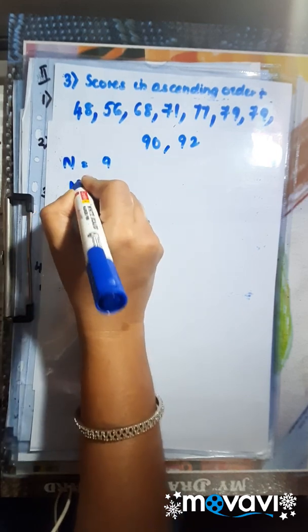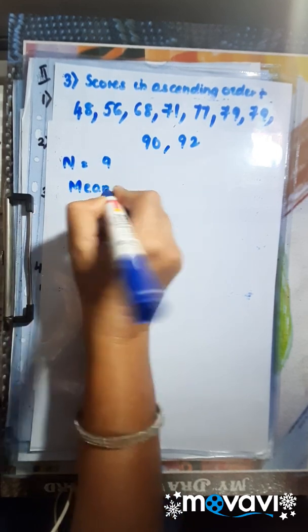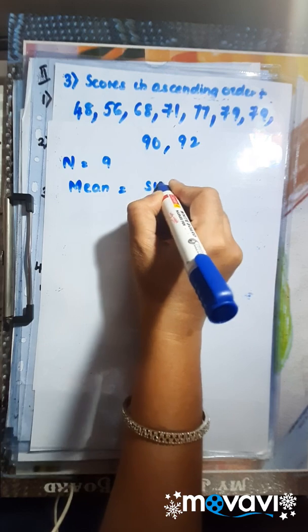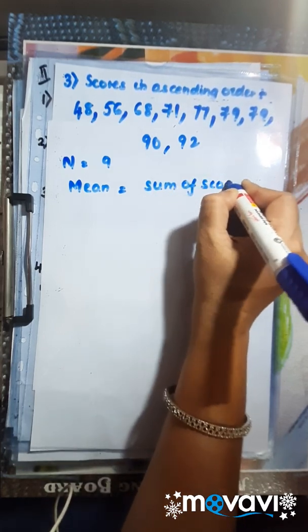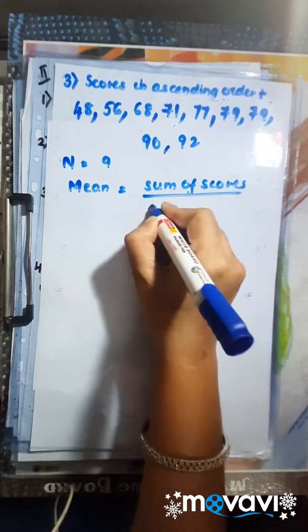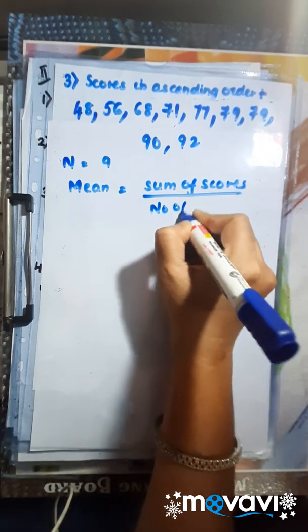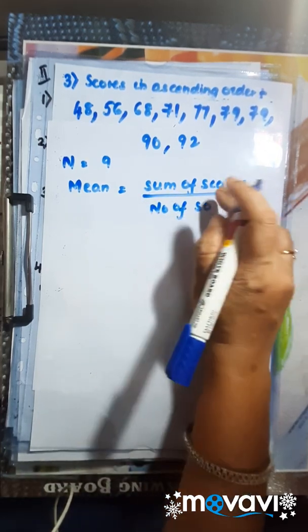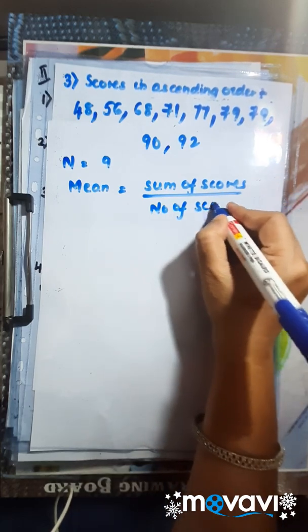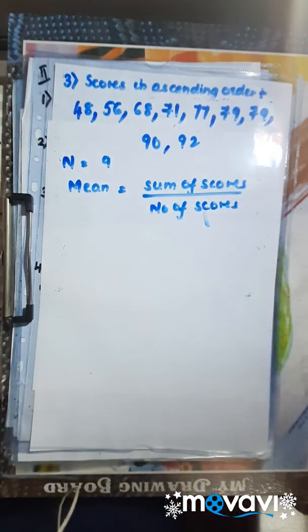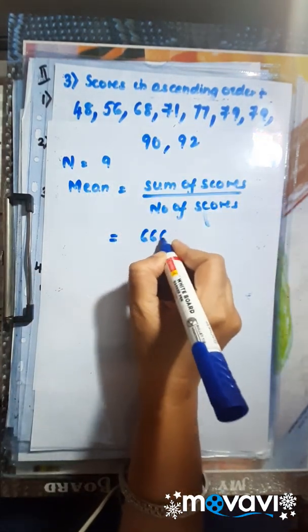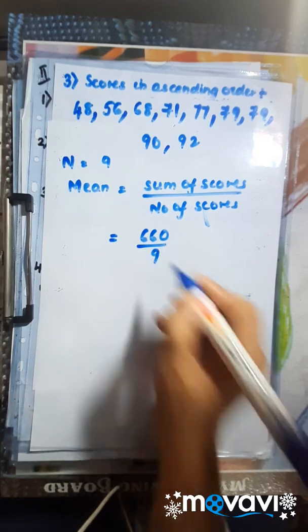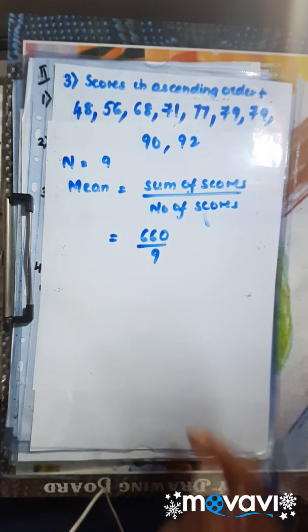Now mean is equal to sum of scores upon number of scores. Sum of scores means we'll add all of them, correct? Add the scores, 48 plus 56, add all of them, and we will get 660 divided by 9.